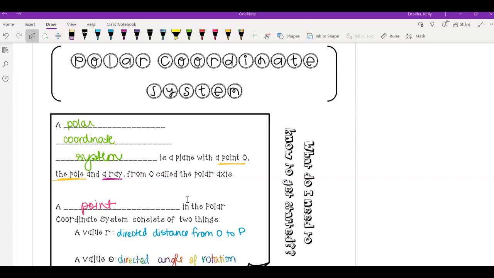Just like in a Cartesian plane, we needed an x distance and a y distance, or a horizontal and a vertical distance. In a polar coordinate system, we need two things: the value r, which is your distance from the pole, and then your theta value, which is your angle of rotation that you've moved.